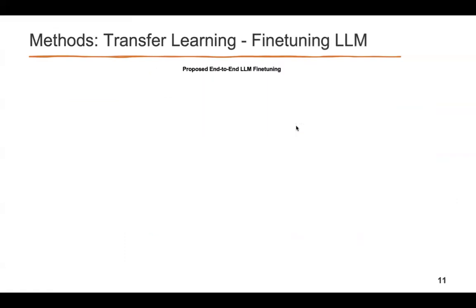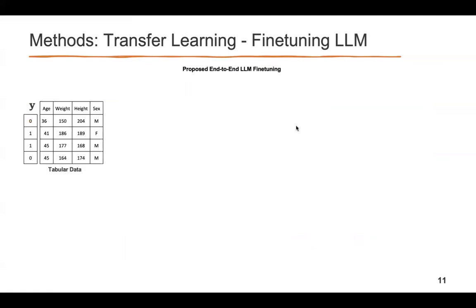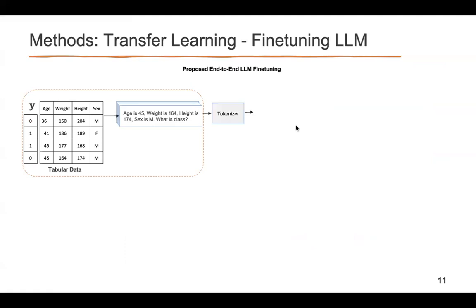Following this is our proposed end-to-end LLM fine-tuning method, where we take the same tabular data and convert each sample into a sequence of sentences and pass it to a tokenizer. And the tokenizer converts each word into specific token IDs.